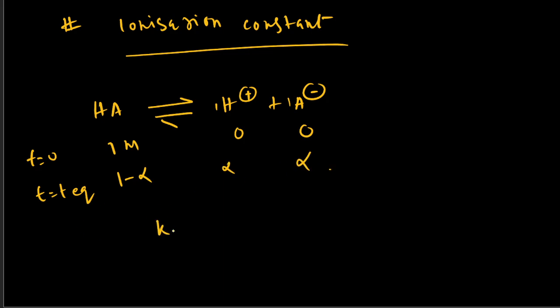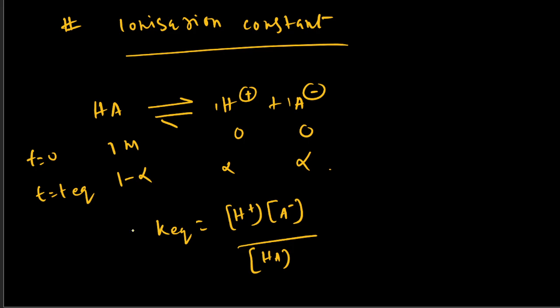So K equilibrium is product concentration divided by reactant concentration, alpha into alpha over 1 minus alpha, or I can say H plus into A minus by HA.